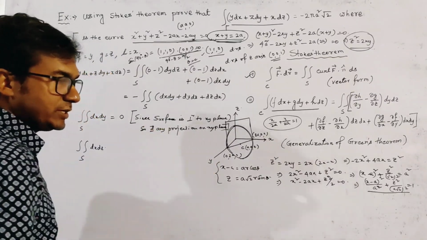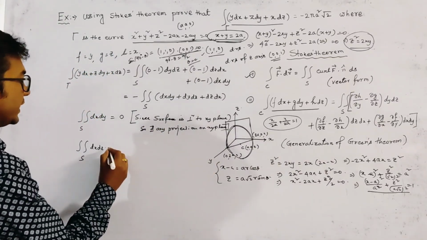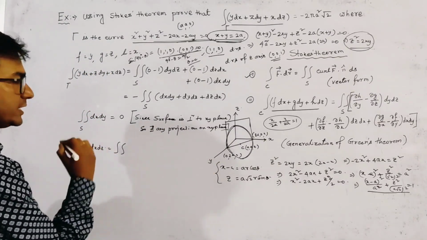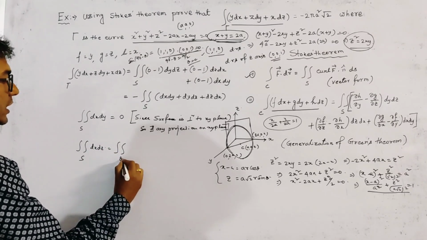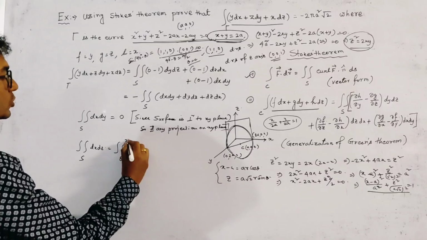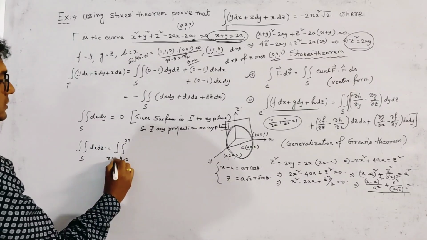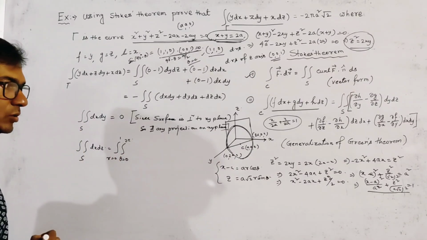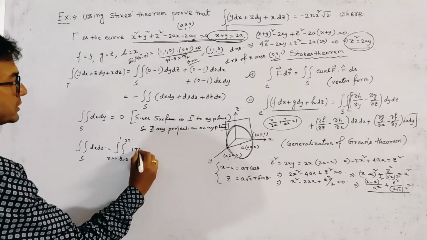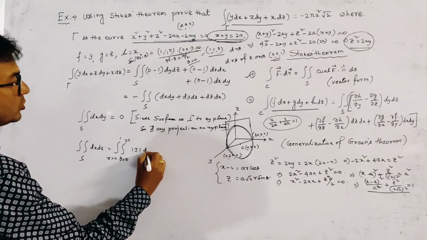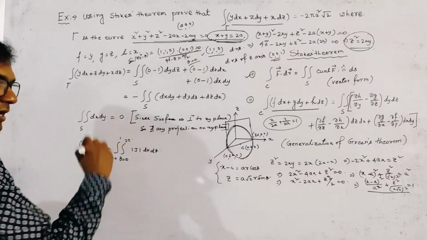For this transformation we must get the new integration. The ranges of integration are theta from 0 to 2 pi, and r from 0 to 1, and dx dz equals mod Jacobian into dr d theta.